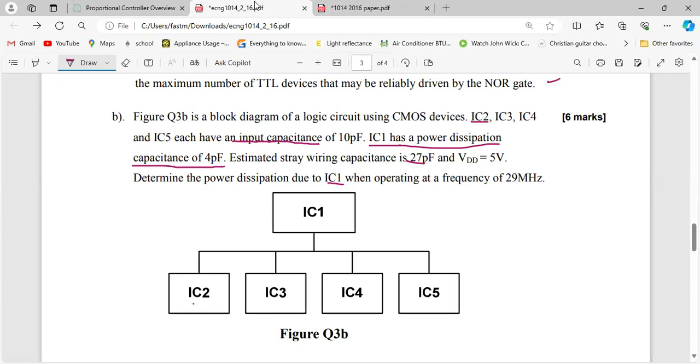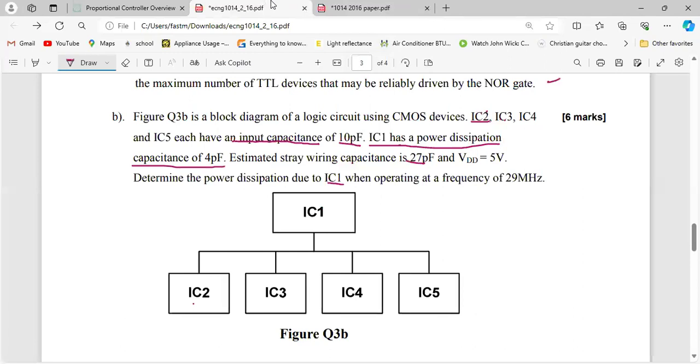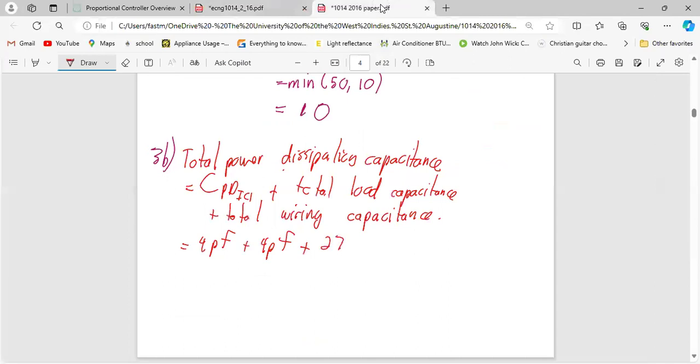I said each one has an input capacitance of 10 picofarads, so that is 1, 2, 3, 4, which is 40 picofarads. And then the total wiring capacitance they gave me in the question already, 27 picofarads. All right, so if you add up all that, you get 71 picofarads, right? And that is the first part.